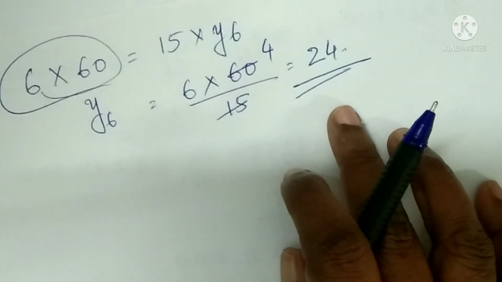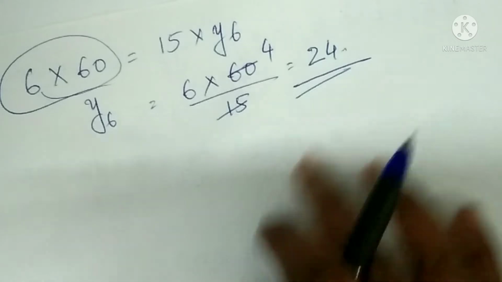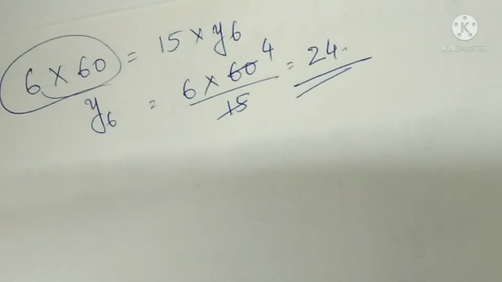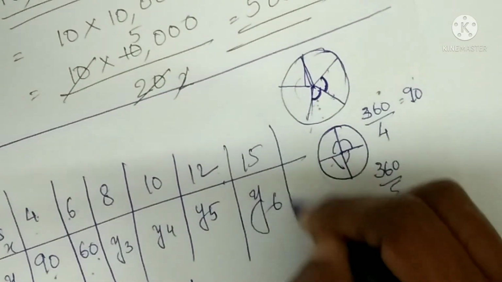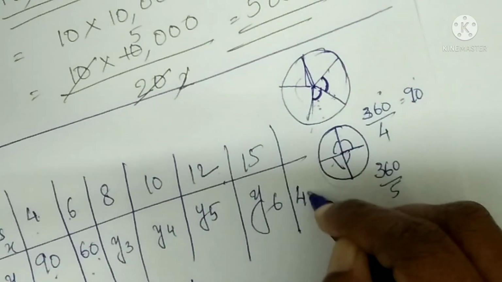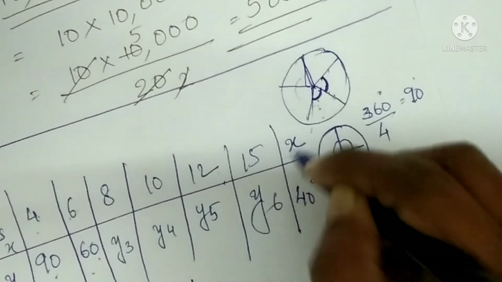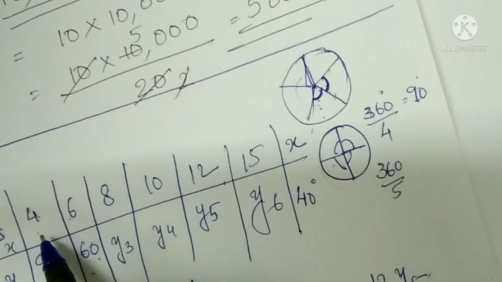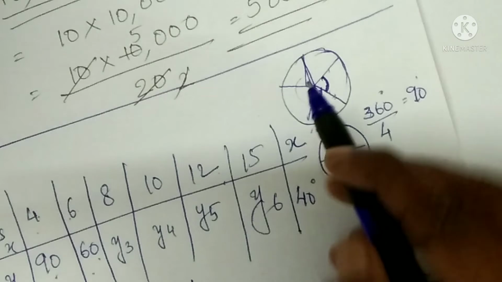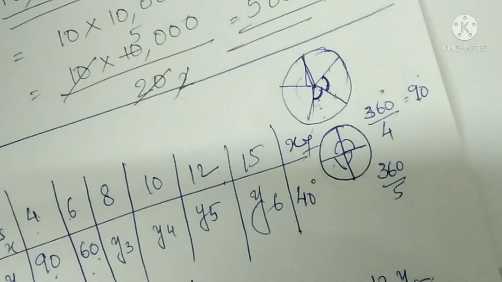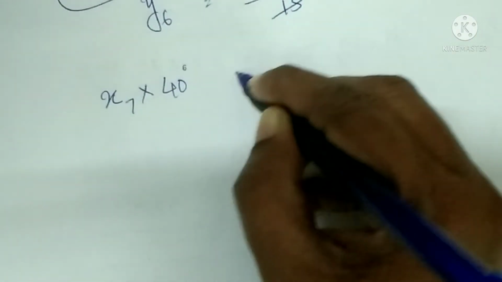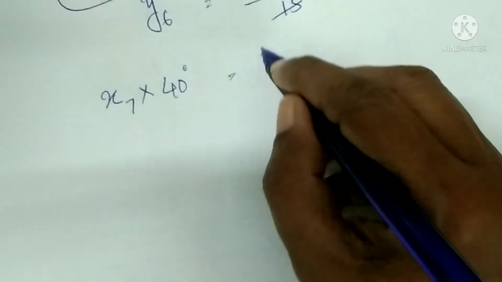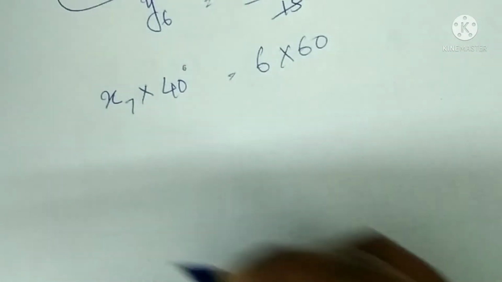Now how many spokes would be needed if the angle between them, that is y, is given? Here y is given, that is 40 degree. What will be x? If you take it as x7, how will you do? x7 into 40 degree is equal to any one you can take, 6 into 60.